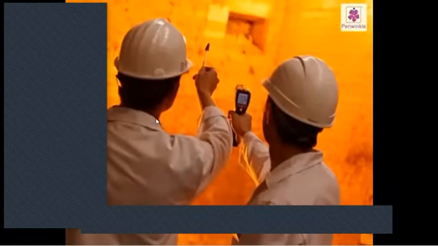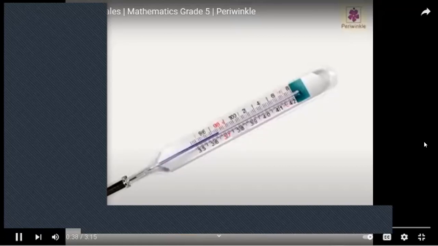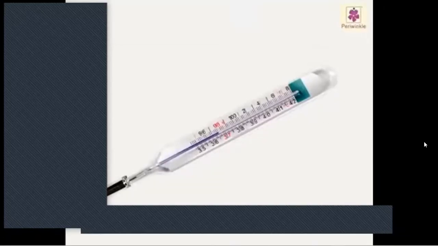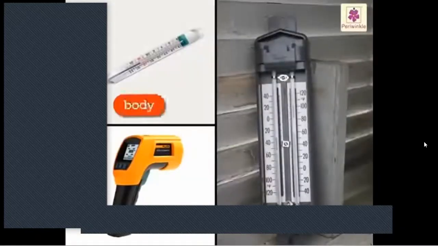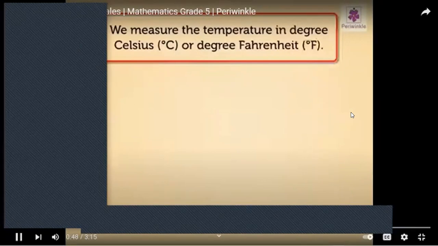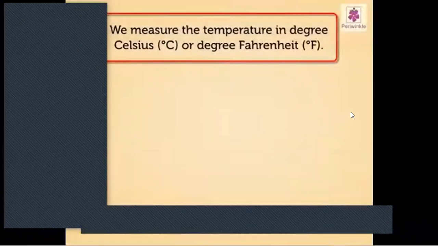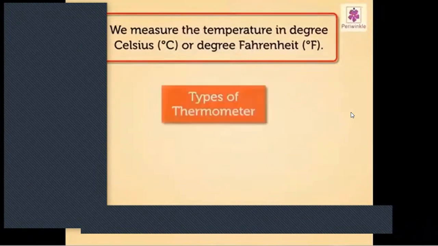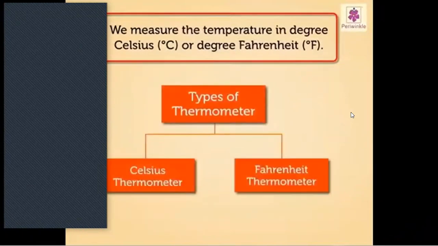We use an instrument called thermometer to know how high or low the temperature of a body, environment, or an object is. We measure the temperature in degree Celsius or degree Fahrenheit. There are mainly two types of thermometers with respect to units.